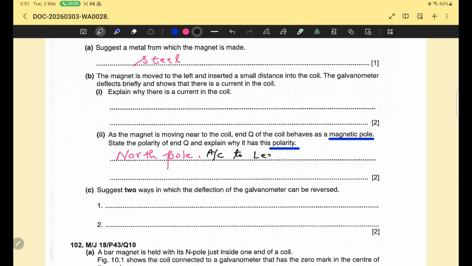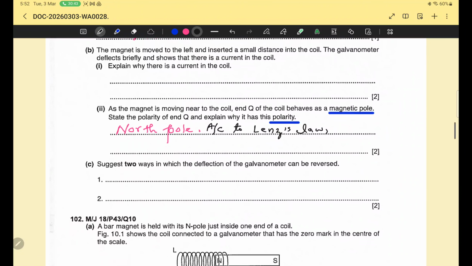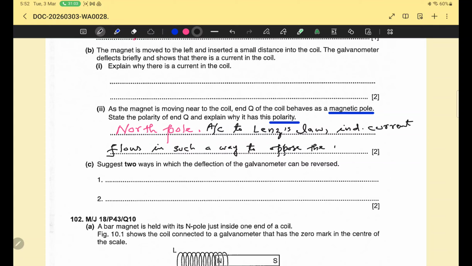According to Lenz's law, you should refer, sir. According to Lenz's law, and now you can write the statement of Lenz's law. Induced current flows in such a way to oppose the movement of the magnet.